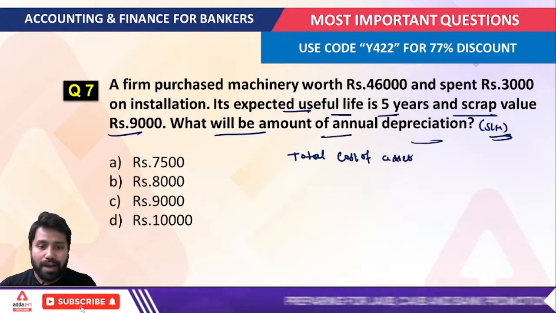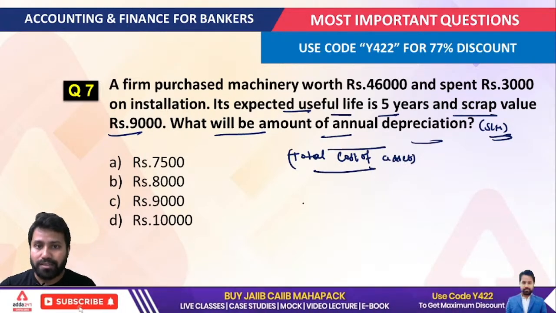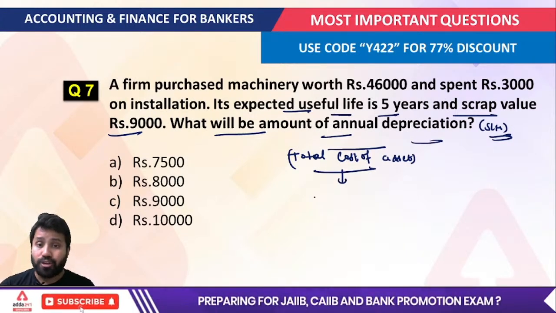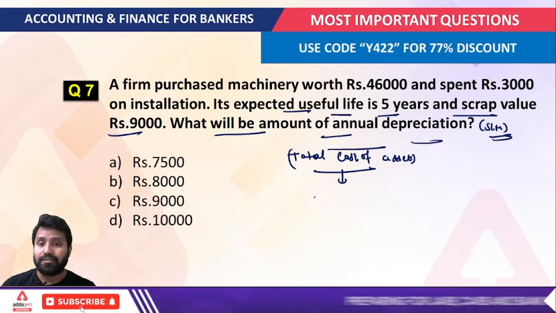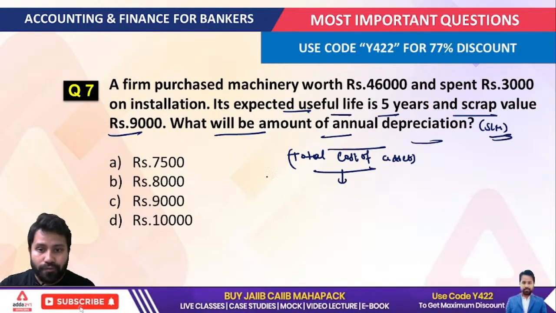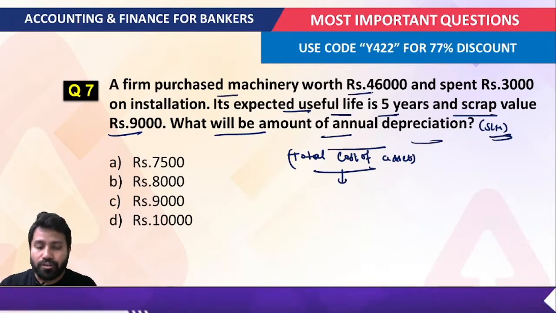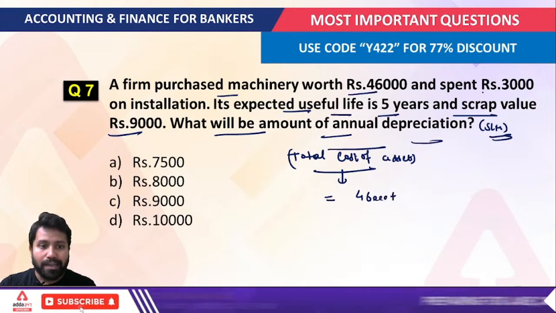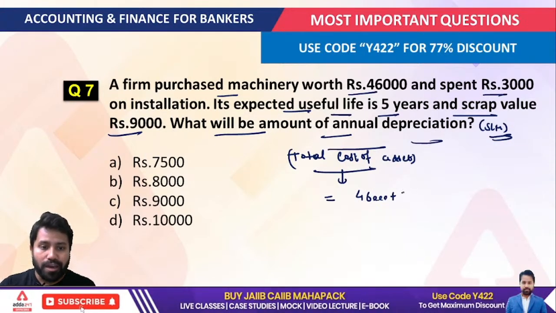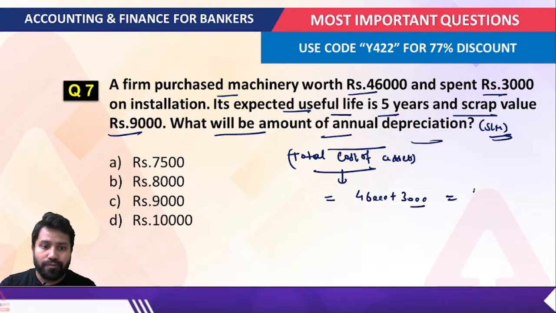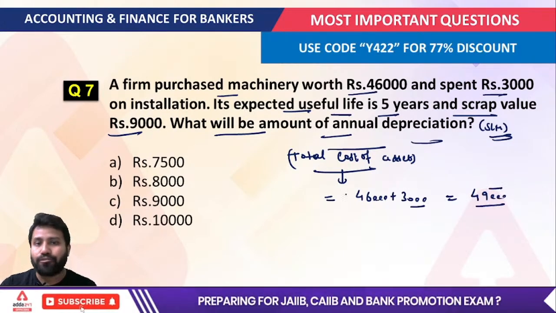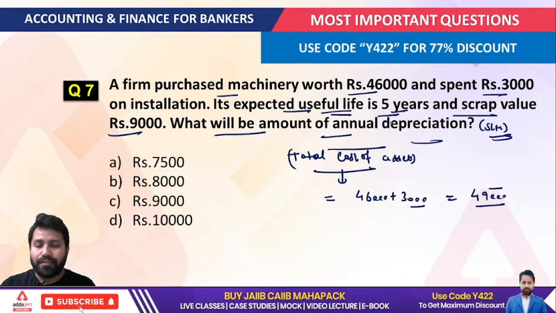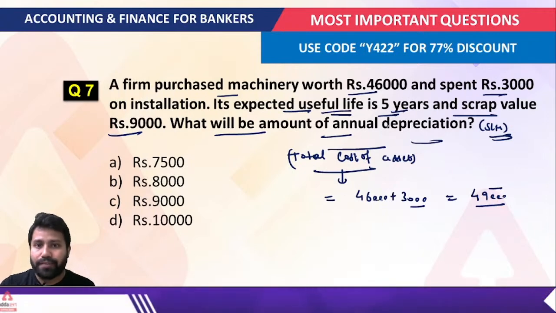When we talk about the total cost of the asset, it includes the cost of the asset, installation cost, as well as any other cost incurred on it. The machinery is worth 46,000, and 3,000 is spent on installation. Adding 3,000 here, the total will be equal to 49,000. Its expected useful life is 5 years, and the scrap value is 9,000.